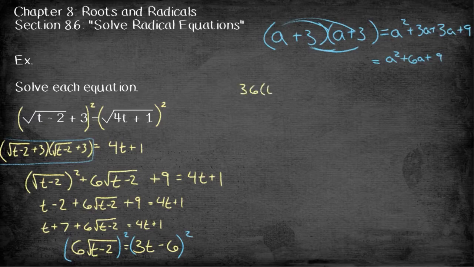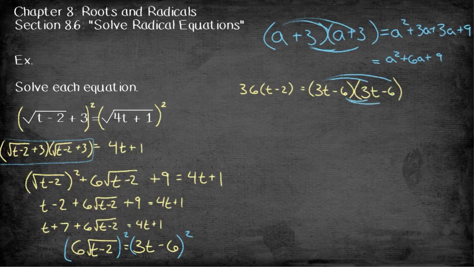36 times t minus 2 gets rid of the square root, equals 3t minus 6 times 3t minus 6. Got to FOIL again. And here we have to distribute. So we get 36t minus 72.